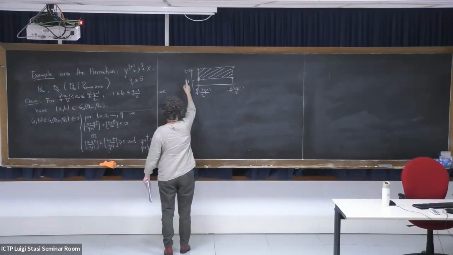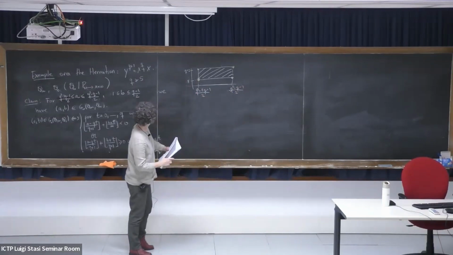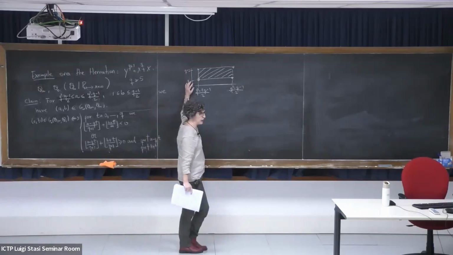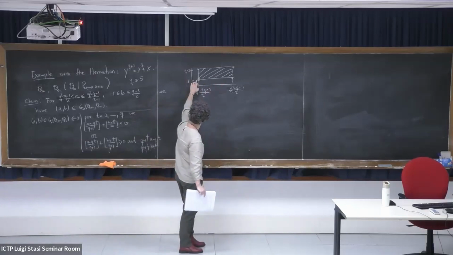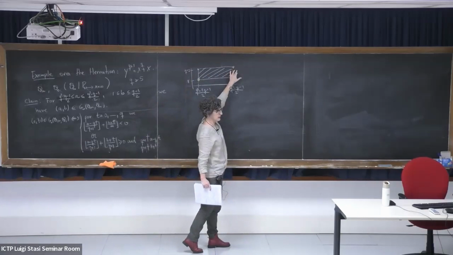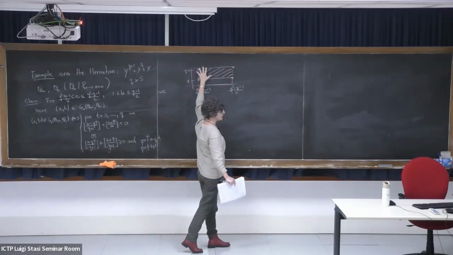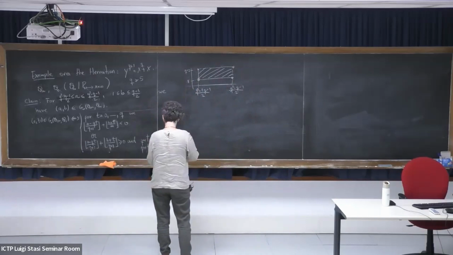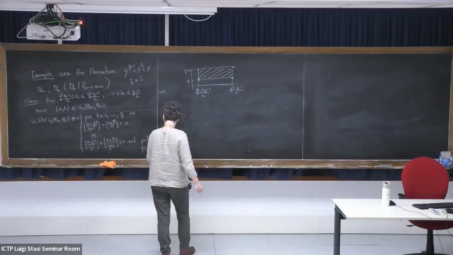To get the code, we need to choose pure gaps far away from each other. So we take one here, we take this one here, and then we can do the code. So we need to prove this.